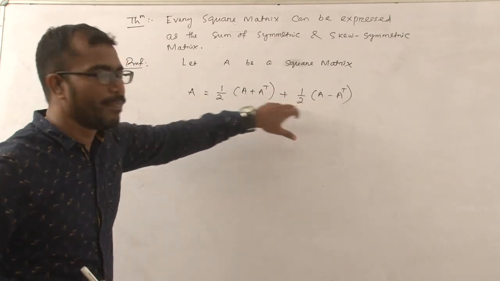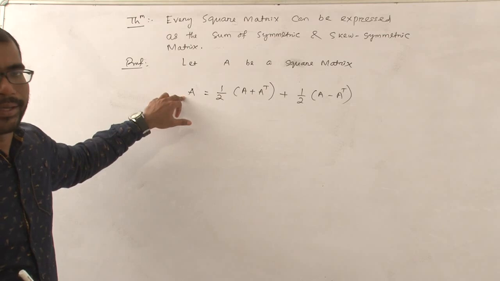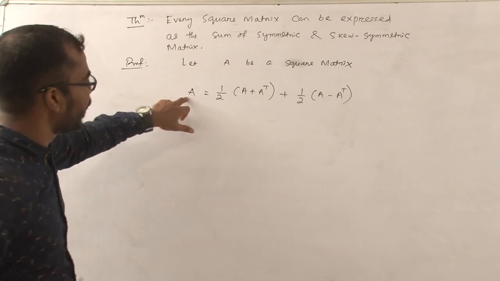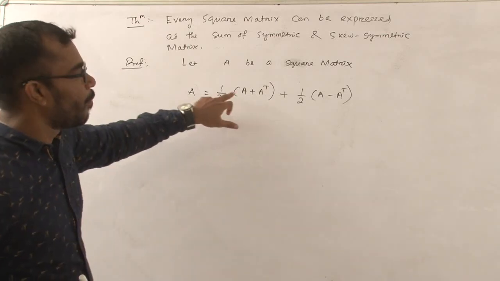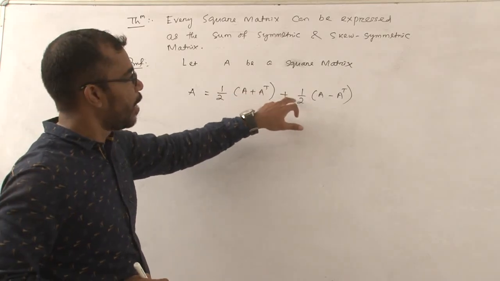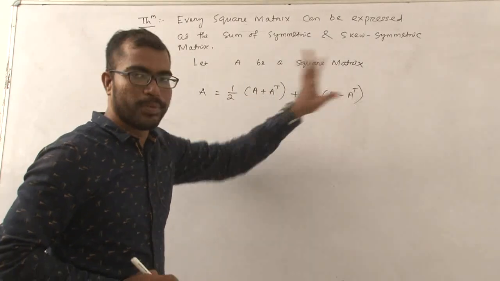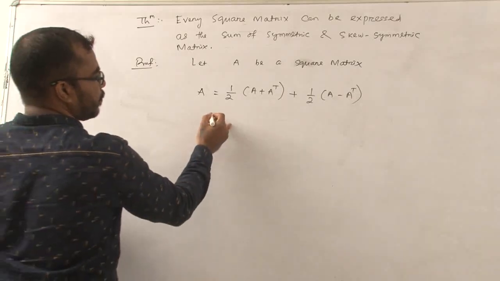If we solve them, we get the result A. So A equals half of (A plus A transpose) plus half of (A minus transpose of A).